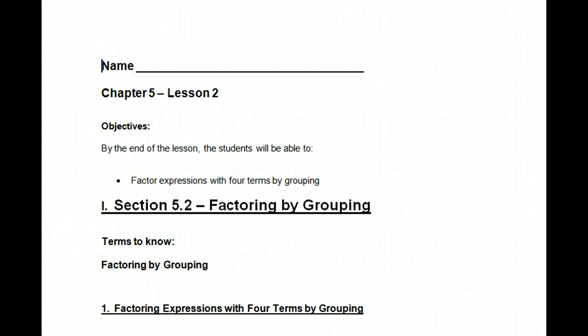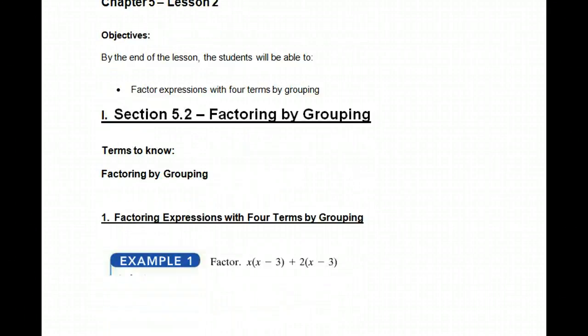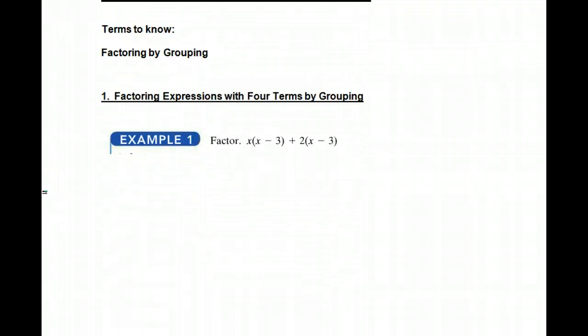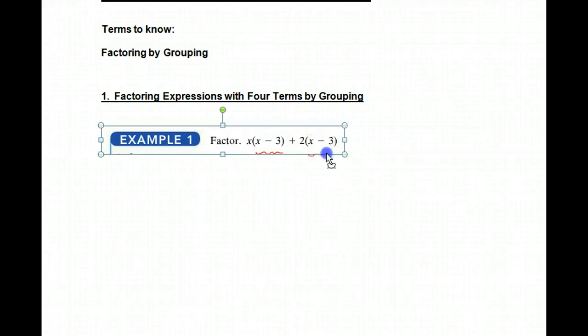In this lesson, we are going to work officially on factoring by grouping, which is a topic that I introduced to you in Section 1. If you recall from Section 1, I taught you that when you have a group that is identical in each one of your terms, you can consider that group to be a GCF within your expression.